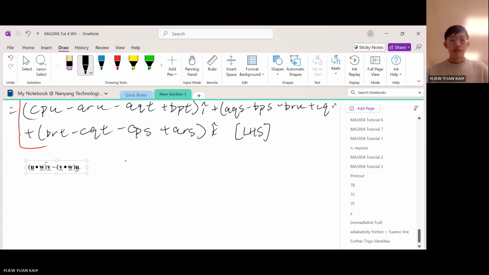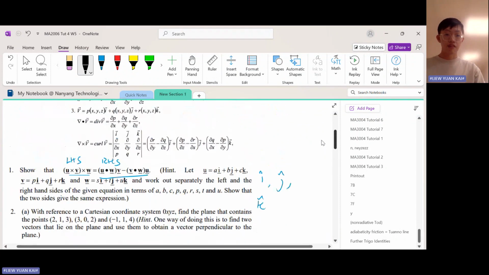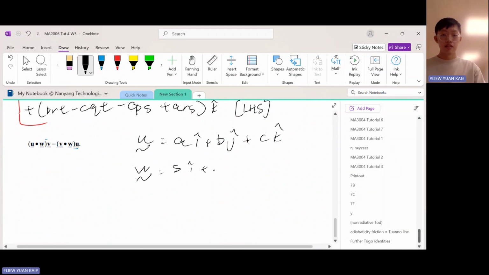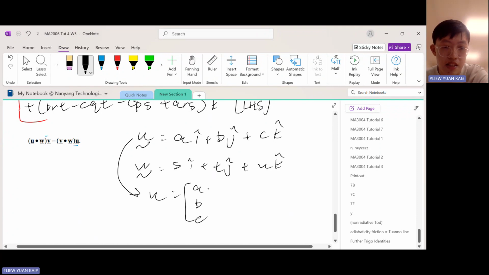The vector U is Ai plus Bj plus Ck, and W is S, T, U. You can write vectors in this IJK form, or you can also write them as column vectors in brackets. So U can also be written as A, B, C. The first entry is the I component, the second entry is the J component, and the third entry is the K component.